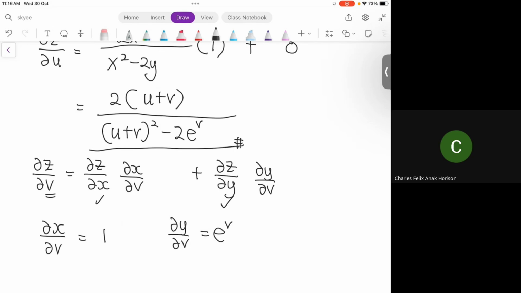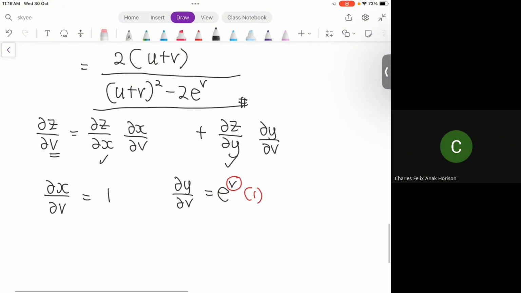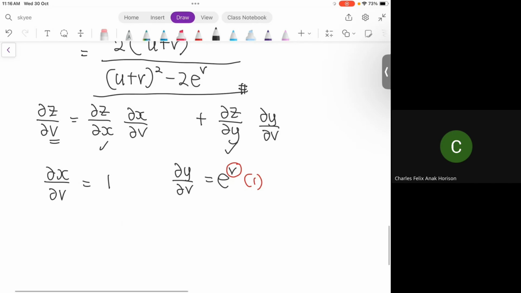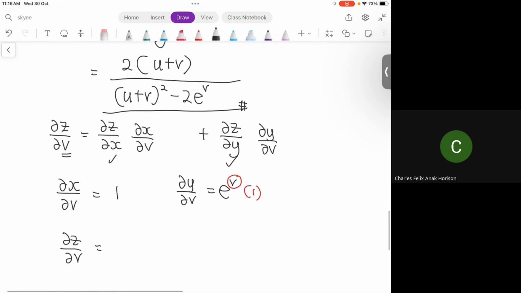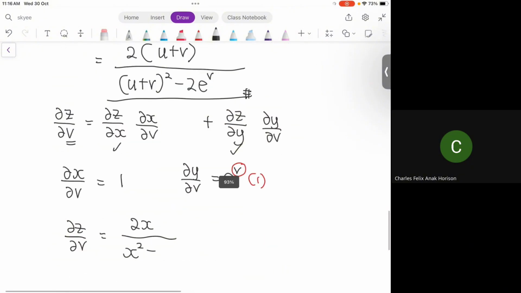It's the same thing. And in fact, when you differentiate the v, you get 1. So we can actually exclude this 1 now. Okay, so copy back. Del v will be equal to minus 2y, right?